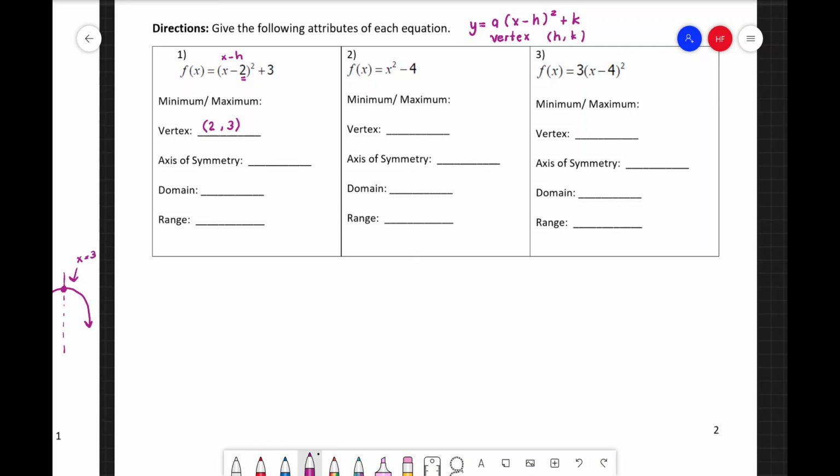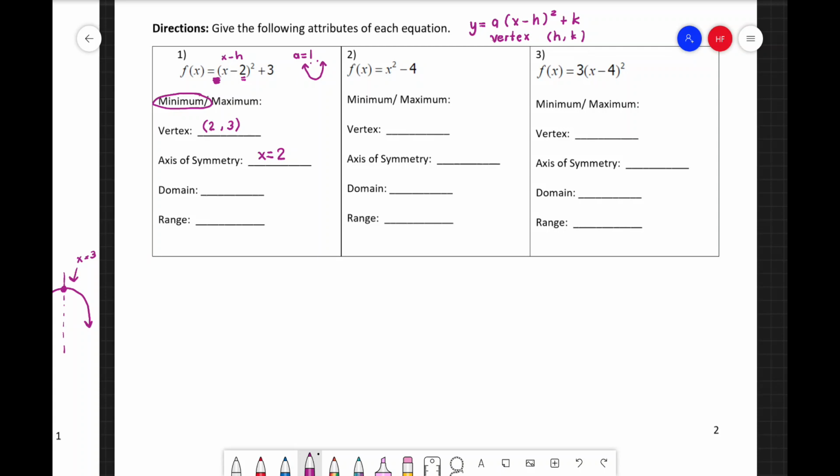Axis of symmetry comes from x equals h. So x equals 2. My a value I don't see, which means a equals 1. If a equals 1, it's positive. Positive graphs will have a minimum value.